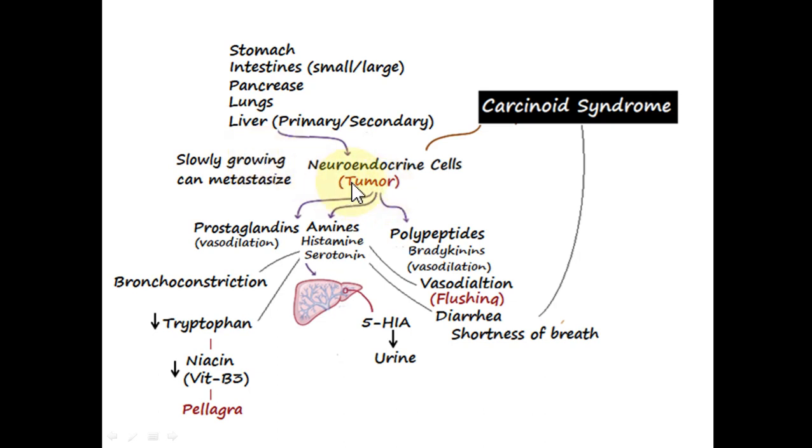The carcinoid tumors in the gastrointestinal tract will lead to excess formation and secretion of the prostaglandins, which cause vasodilation. The important are the amines in which the histamine is involved, along with gastrin secreted by the G cells in stimulation of the parietal cells to cause excess secretion of HCl.